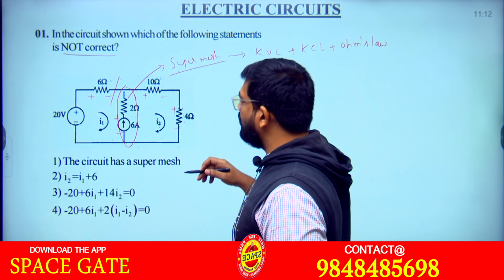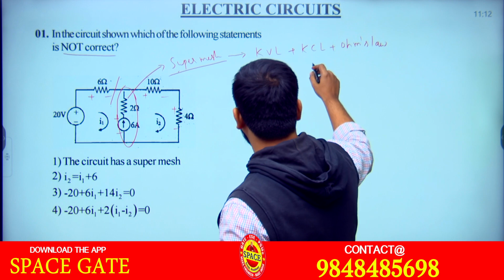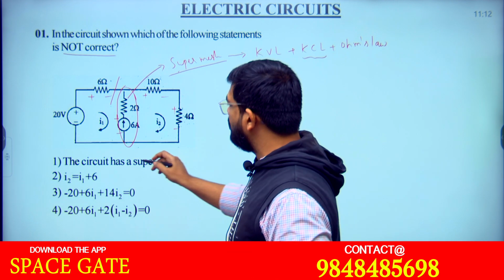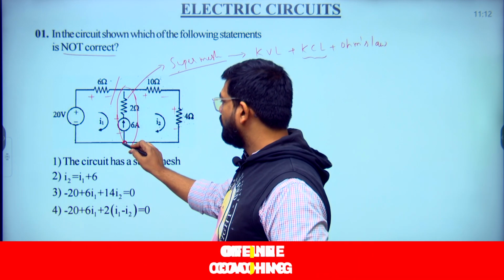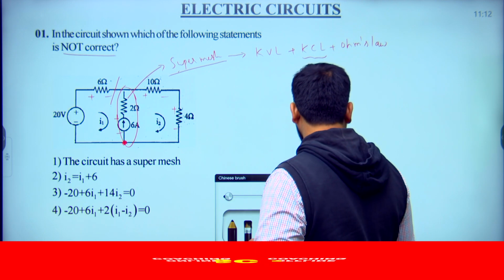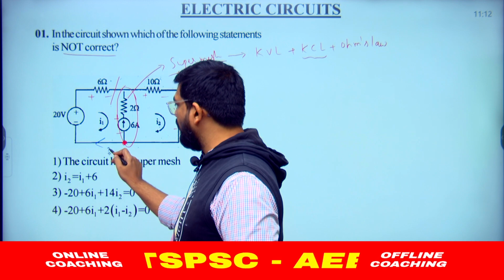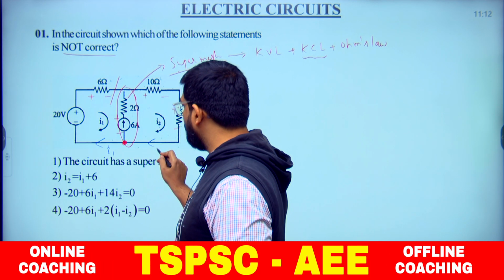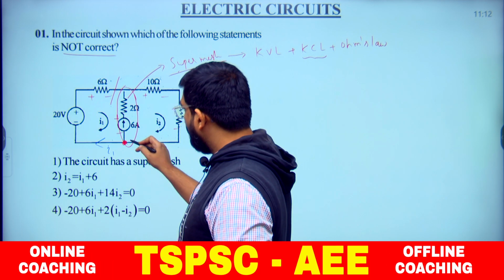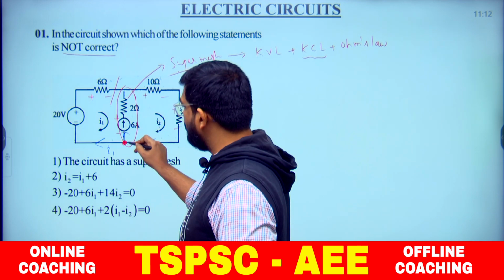Before going with the KVL, look at how we take the KCL. If I select this node, what is happening here? This is the current direction I1 and this is the current direction I2, and 6 amperes is already indicated in the upward direction.